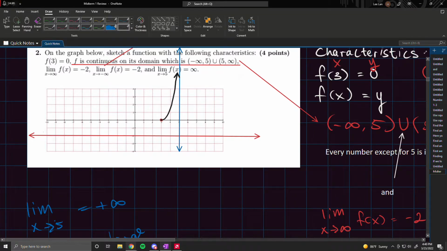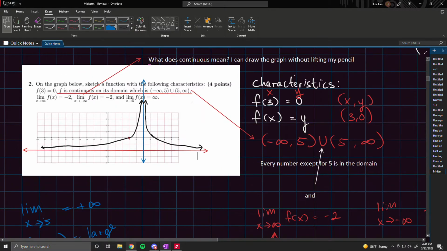As we get large negative values, we get closer and closer to -2. So it should look something like that. And then as we get closer and closer to 5 from the left, we also get very large y values. And as we plug in very large x values, we get closer and closer to -2. So you get a graph that probably looks like this.